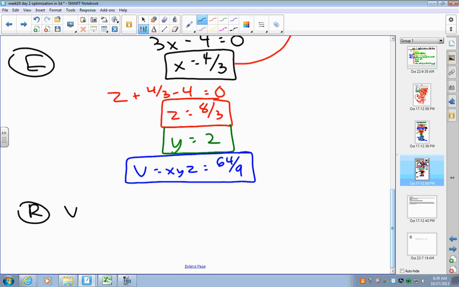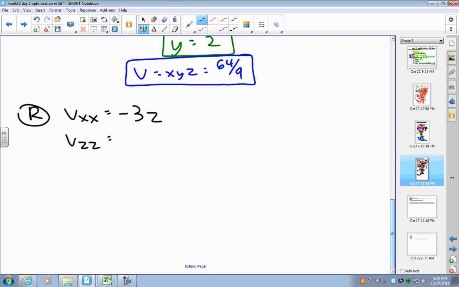I could do vxx, and vxx would just be minus 3z, and vzz would be minus 3/2 x.